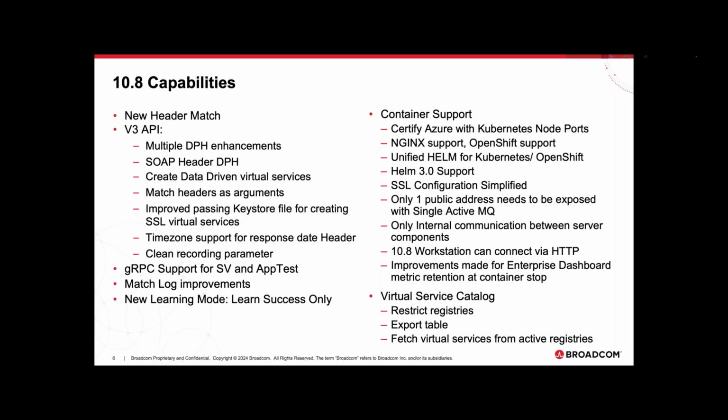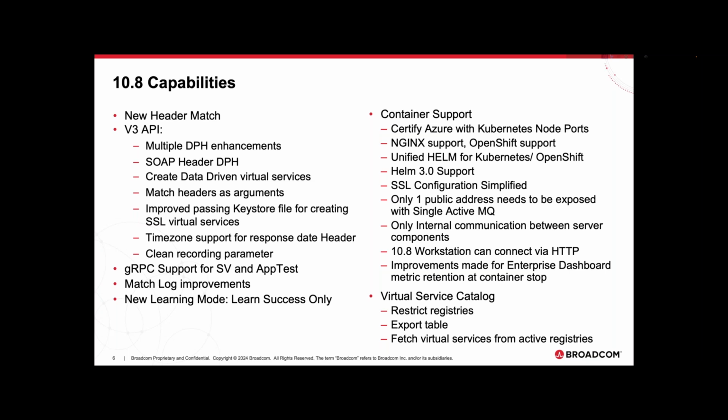We've added support for Helm 3 and have provided a single Helm chart to be able to manage your Kubernetes environment, whether you're using things like Nginx, OpenShift, Contour, Ingress, etc. We've simplified the process of setting up SSL. And with 10.8, we also only expose one public address, and the workstation can connect over HTTP.